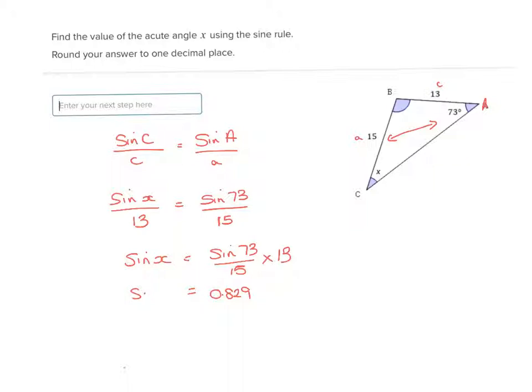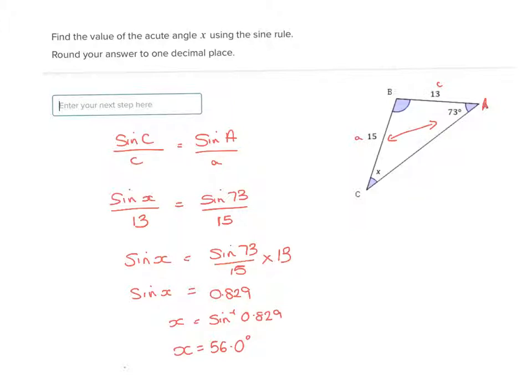But that's what sine of x is. So in order to get x, what you need to do is do the inverse sine. So the sine -1, where you press shift sine and put in your 0.829, or just drag it down on your calculator, and that will tell you that x to 1 decimal place is 56.0 degrees.